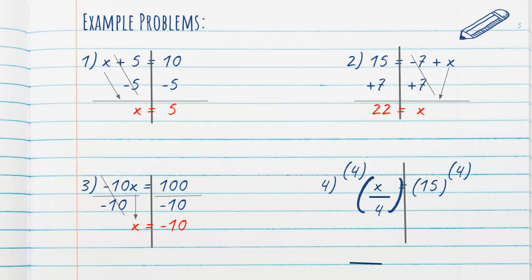And if I have a 4 in the top and a 4 in the bottom, they cancel each other out, which is what we wanted to happen all along. We want to get rid of that 4. Over here, we're going to get 60, so x is 60.